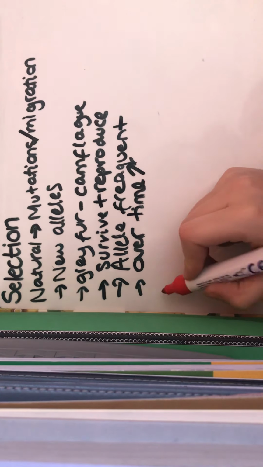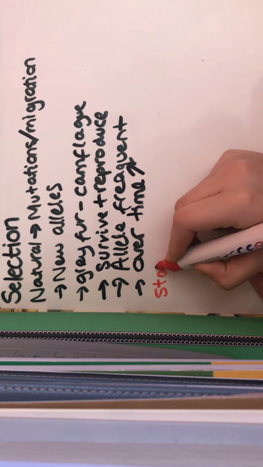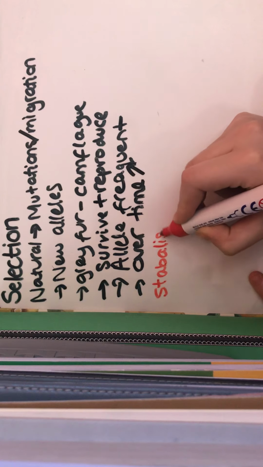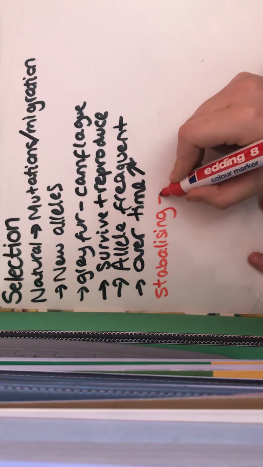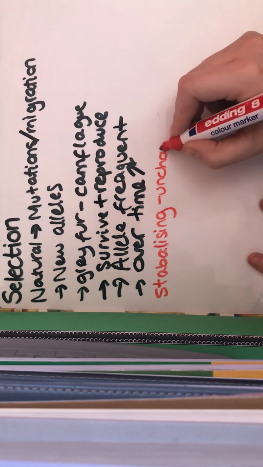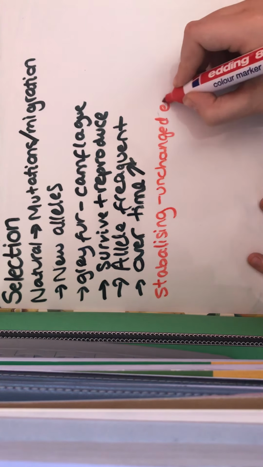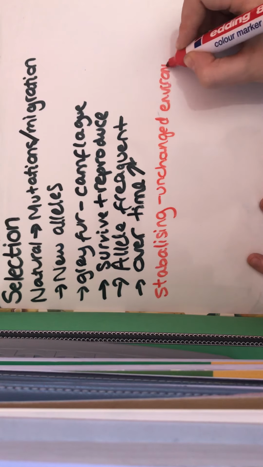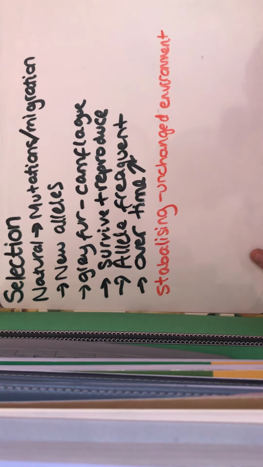I'll do stabilising first. Stabilising selection is when the organism's environment remains unchanged. In the unchanged environment, it favours the intermediate phenotypes.